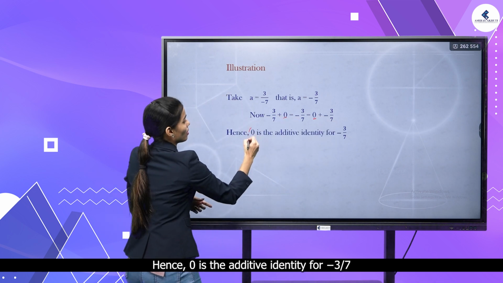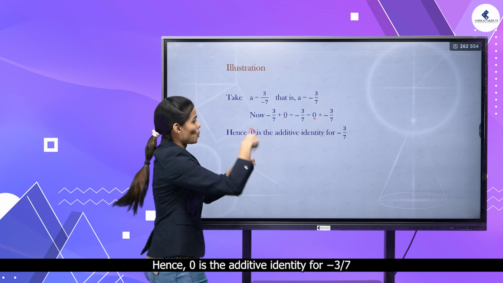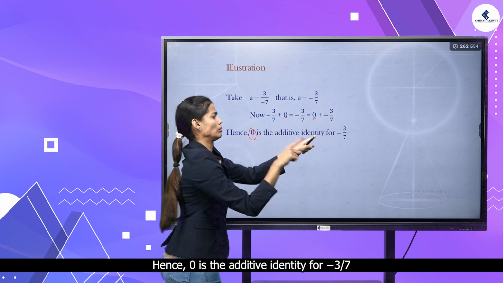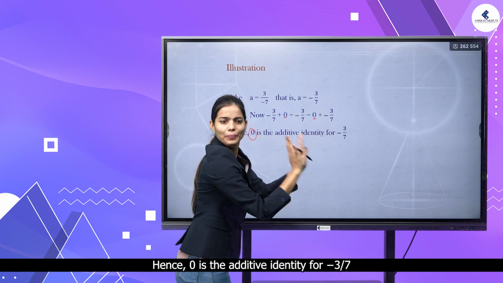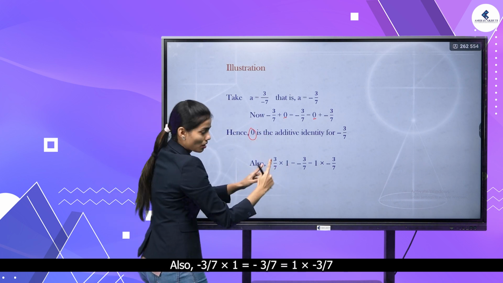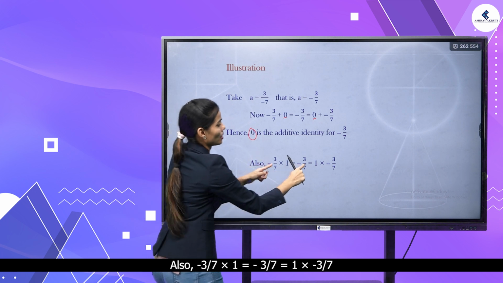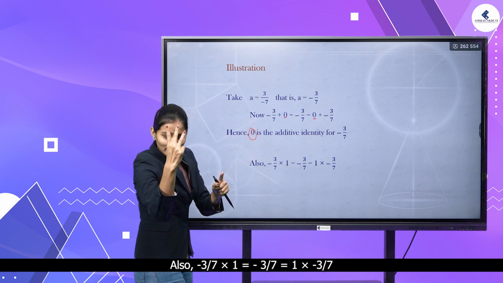Hence, 0 is the additive identity for minus 3 by 7. Also, minus 3 by 7 into 1 is equal to 1 into minus 3 by 7.